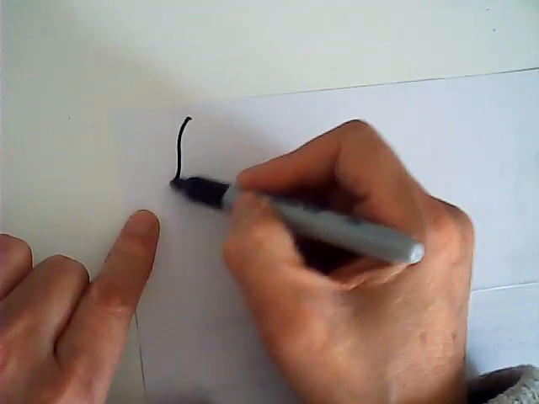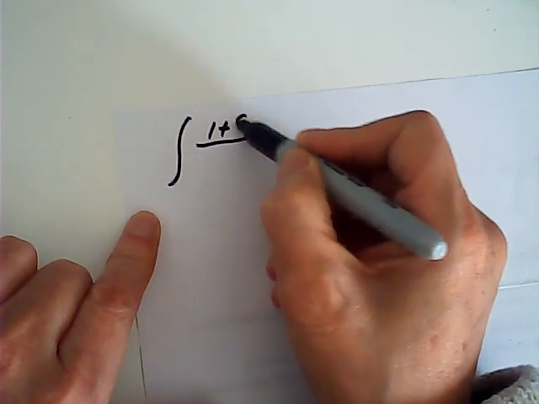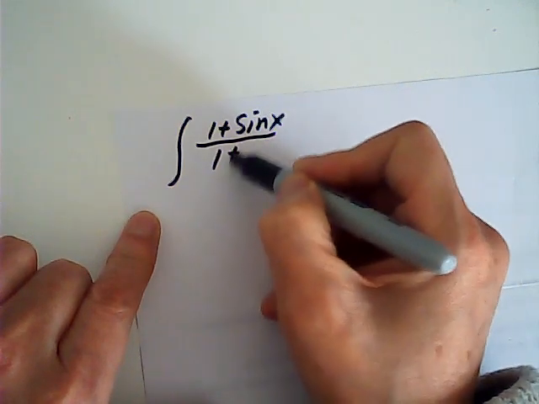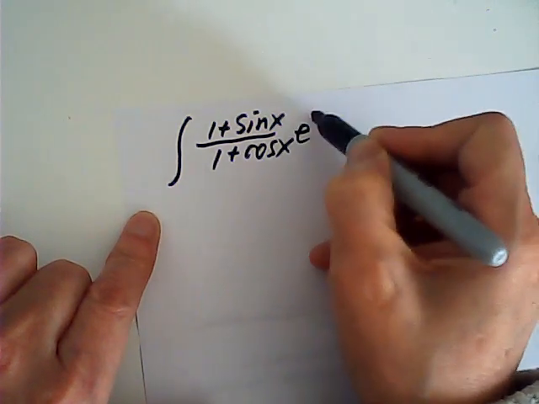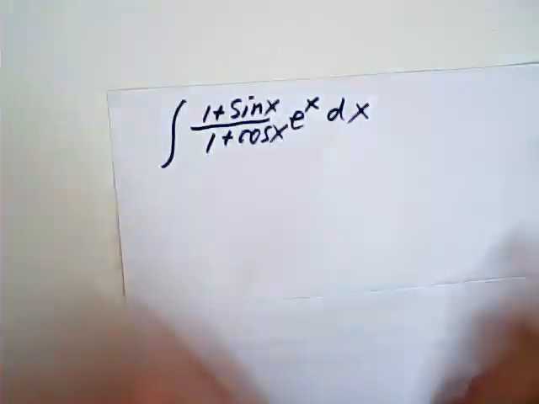Okay, method 3. This is the integral of 1 plus sine x over 1 plus cosine x, e to the power x dx.